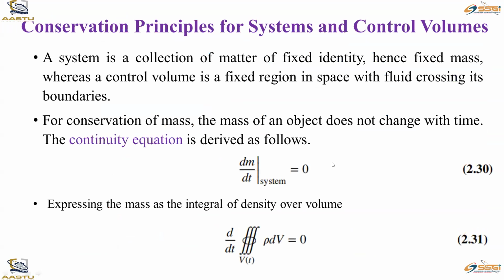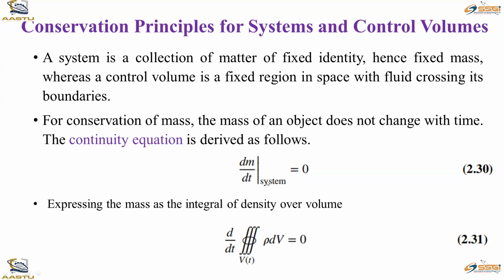Okay, so now let's go to the conservation principle for systems and control volume. One of the conservation principles is the continuity principle. The continuity principle states that mass is conserved. For the conservation of mass, the mass of an object does not change with time.